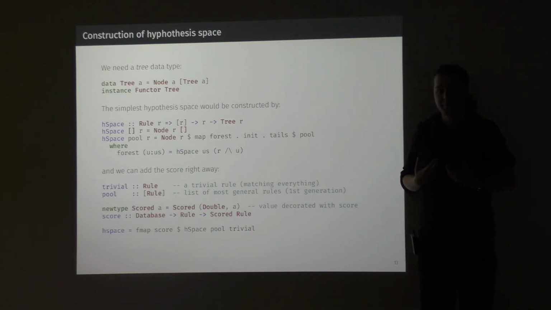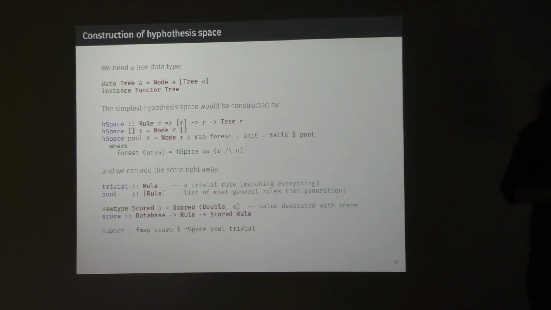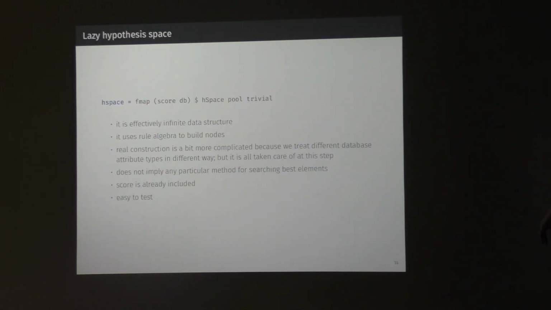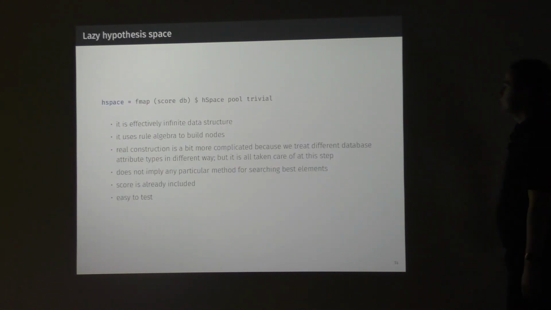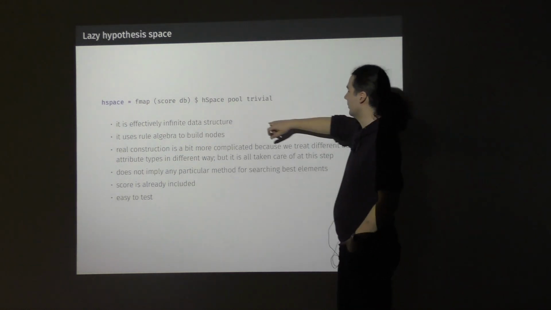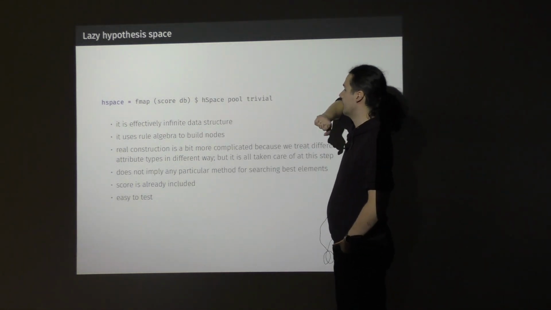So mentally, this is simple. We just declared something that we'll use later, which already has a score there, so we don't care about the score anymore. So yeah, as I said, this is essentially infinite.